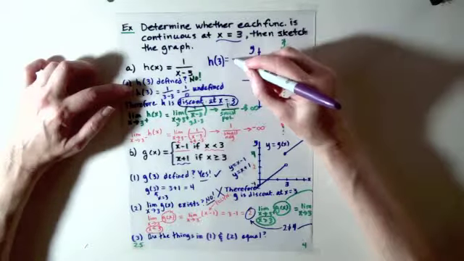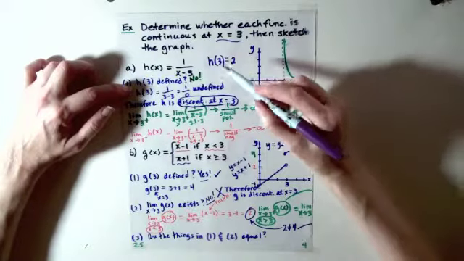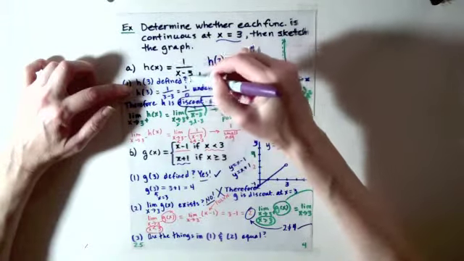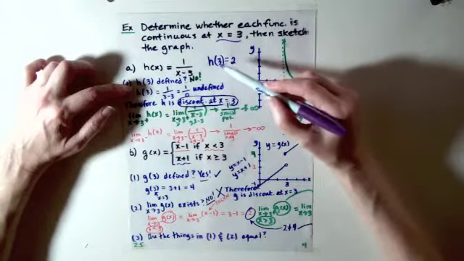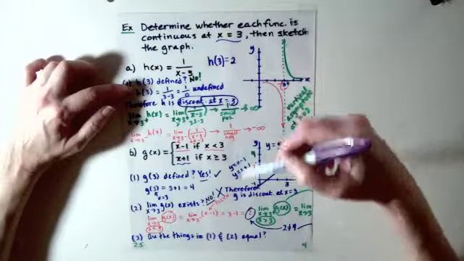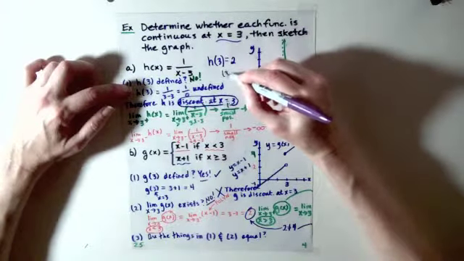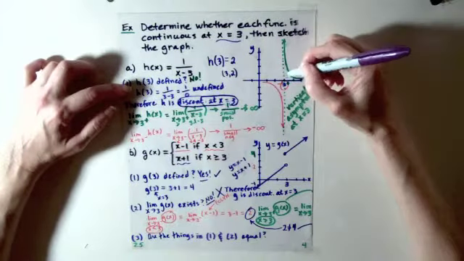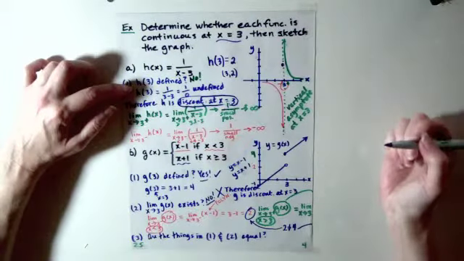I don't know, just pick a value like 2, for example. If I went ahead and said, okay, h of x is equal to 1 over x minus 3 when x isn't equal to 3, and I'm going to assign the value 2 when x is equal to 3, I would end up with the point, let's see, the x coordinate is 3, the y coordinate is 2, so I'd end up adding the point (3, 2) onto my graph.